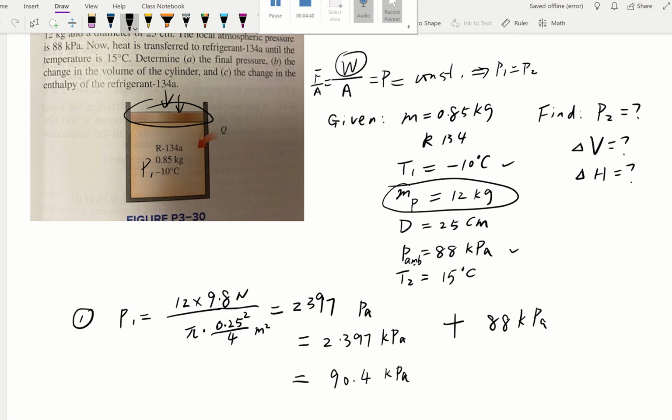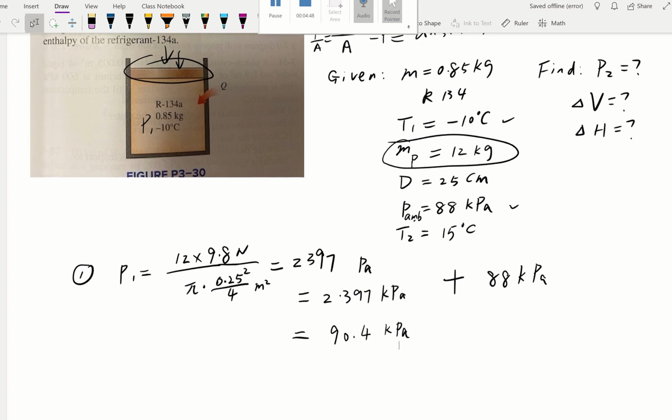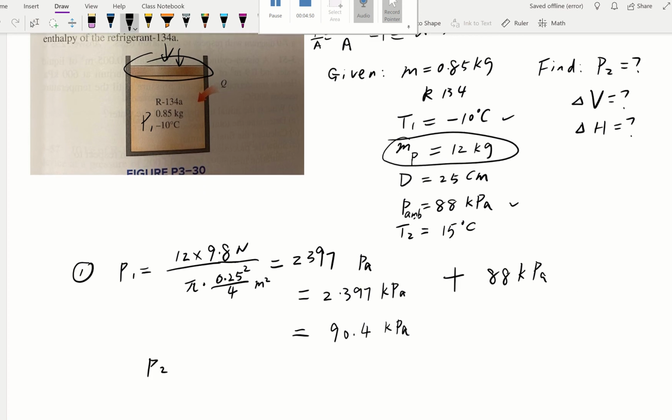So that's our P1. And since this is a constant pressure problem, our P2 is equal to P1, which is 90.4 kilopascal.